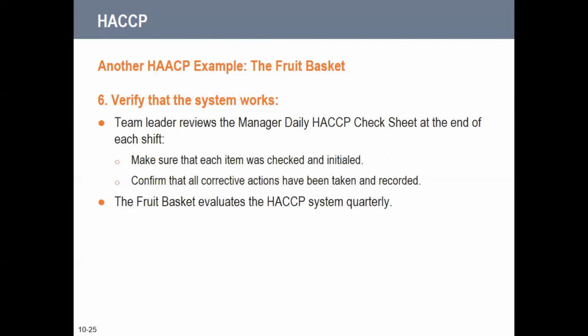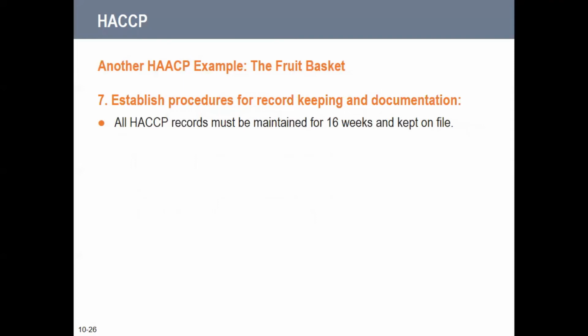Okay. Then in this example, the fruit basket establishment, they evaluate their HACCP system quarterly to make sure everything still makes sense and that they have all their ducks in a row and that they don't need to do any updates or anything like that. And if they do have to do updates, they get them on a fairly regular basis. Then they establish procedures for record keeping.